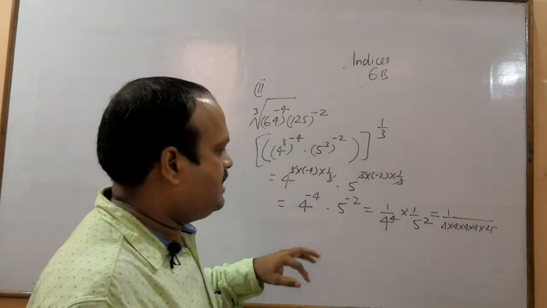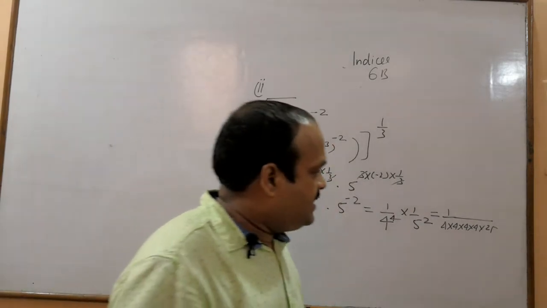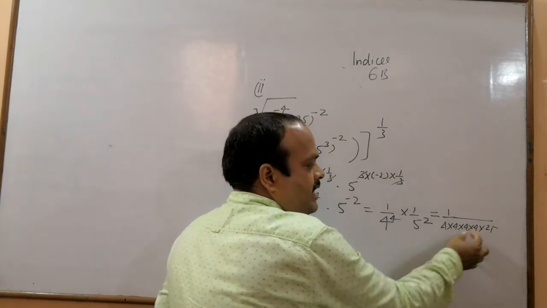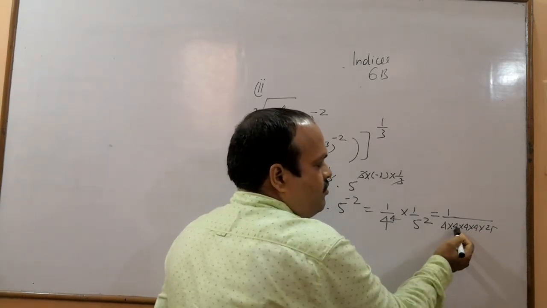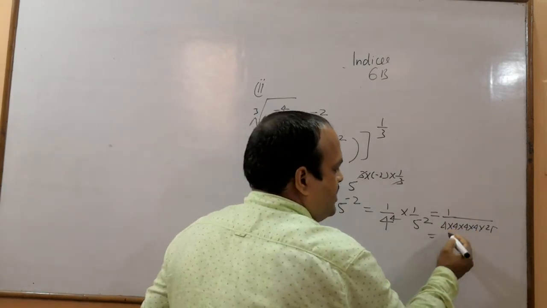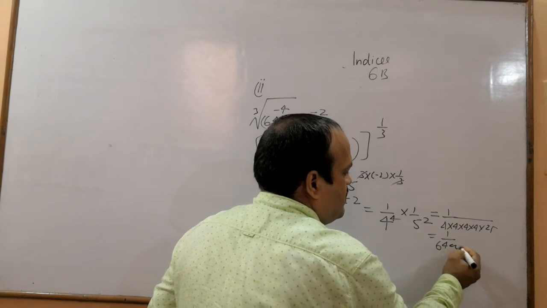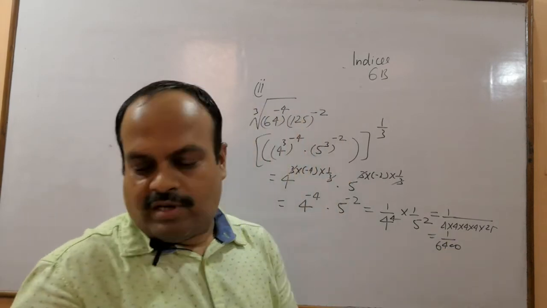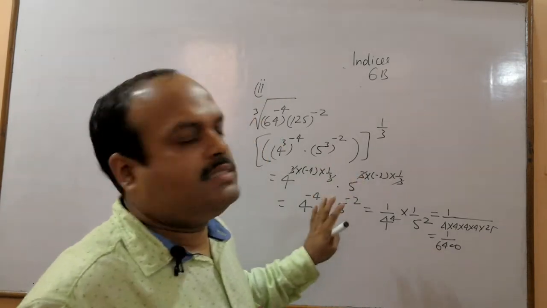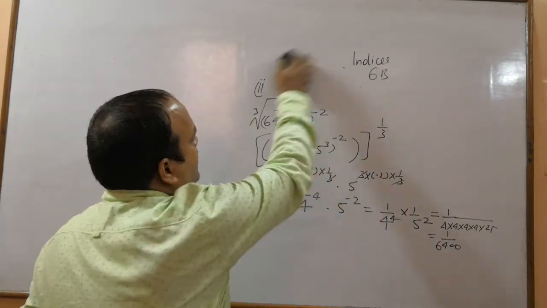So we get 25 into 4, which is 100. 100 into 4 into 4 into 4, 64. So 100 into 64 becomes 1 upon 6400. So 1 upon 6400 is the most simplified answer of this part.